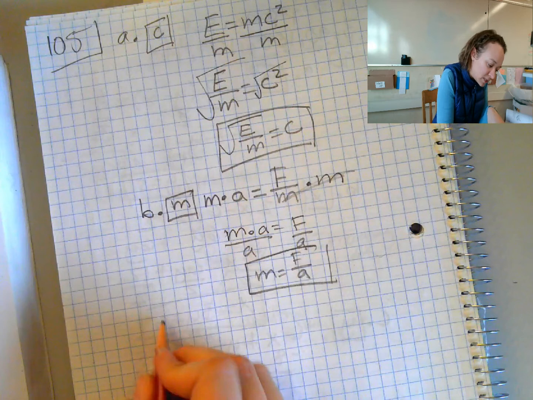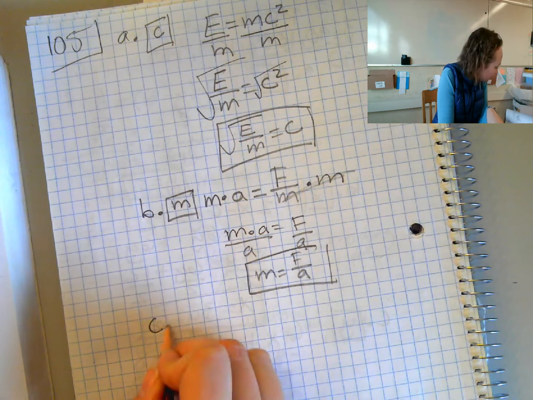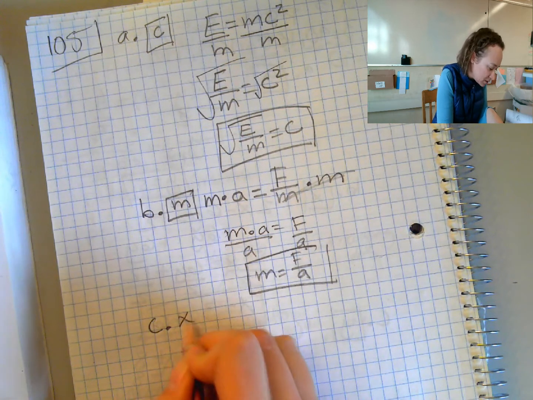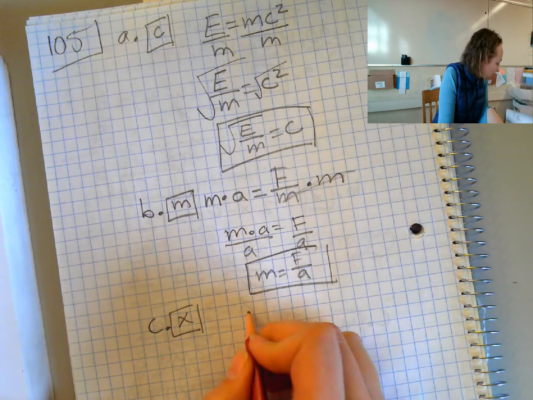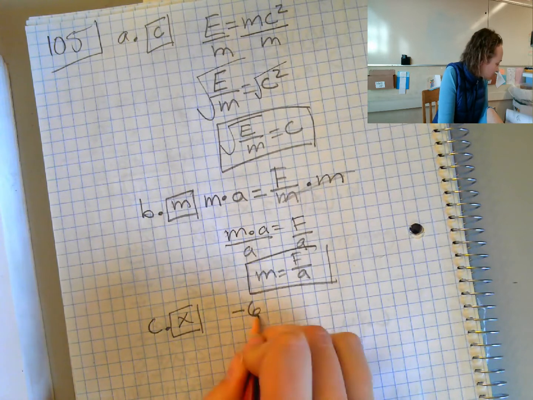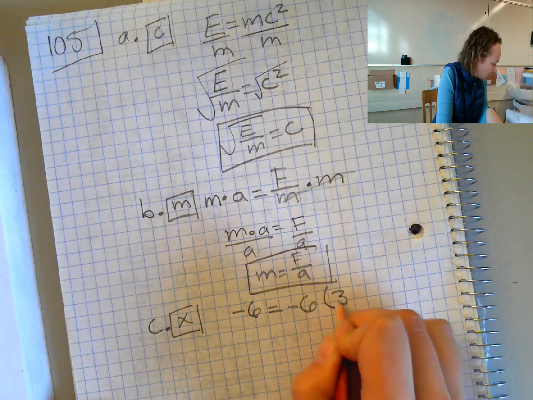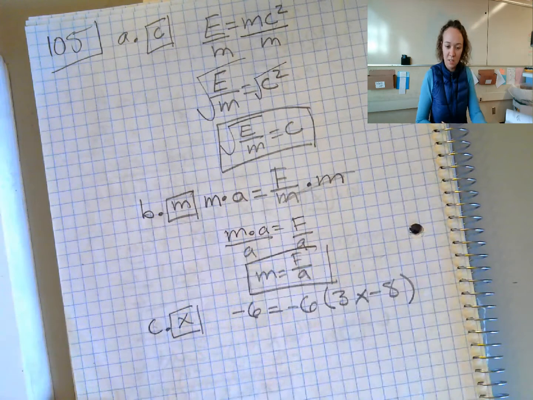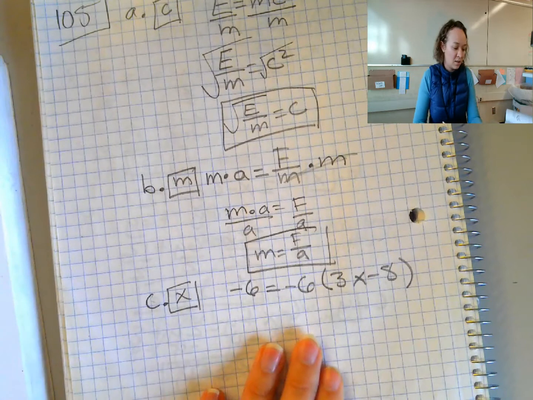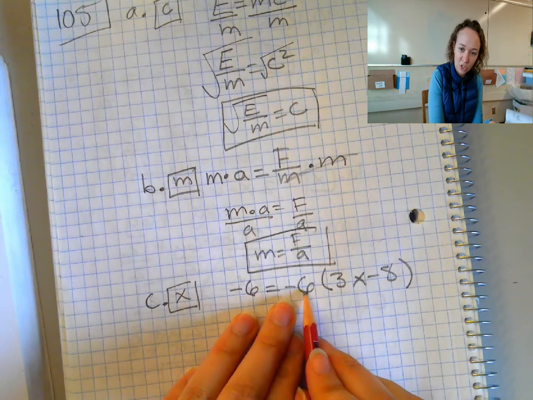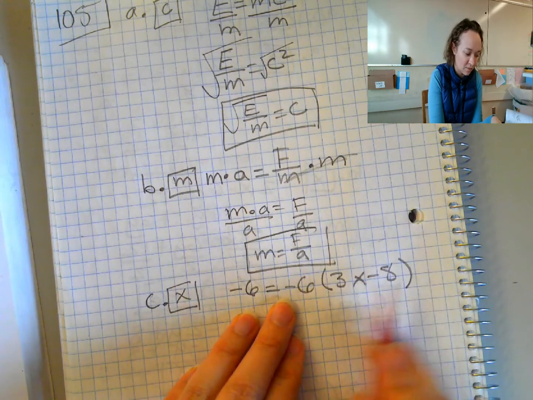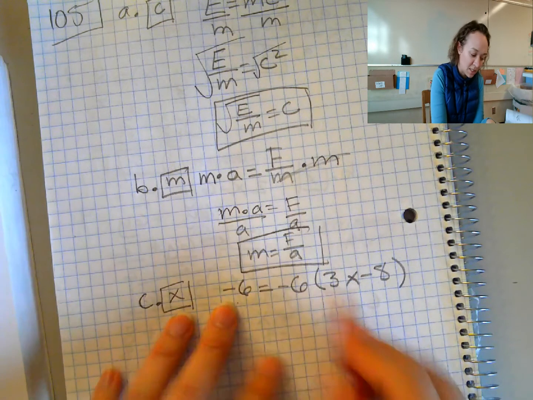All right, on c. Now we are solving for x. We have negative 6 equals negative 6 times the quantity 3x minus 8. And I have a choice here. I can either distribute that 6 or I can divide. This actually would divide pretty nicely, so I think I'm going to do that.